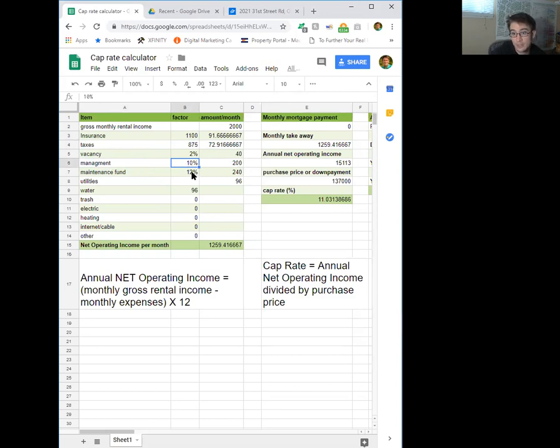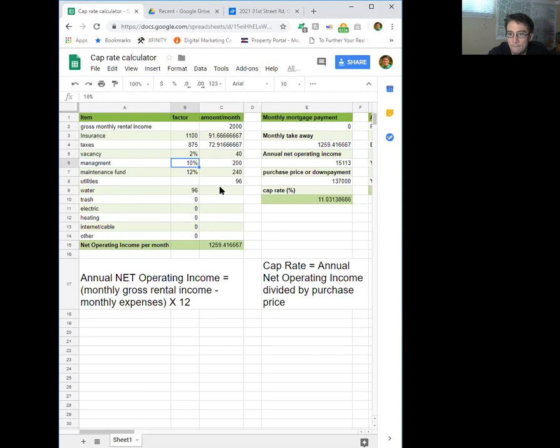And then a maintenance fund. You want to take out some money each month to cover any repairs and damages you might have in the future, and you just let that build up or use it as repairs come. And then lastly, water is a common utility that landlords will pay for their tenants.